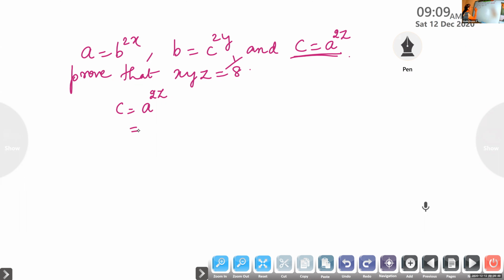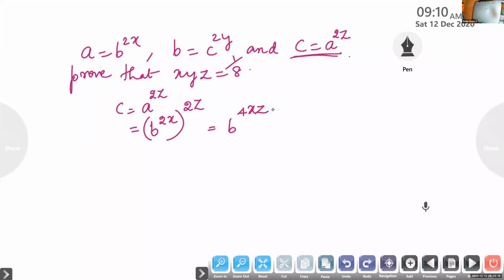But what is a? a is b raised to 2x, raised to 2z. Is it correct? Now power to power means multiply the powers. So b raised to 4x.